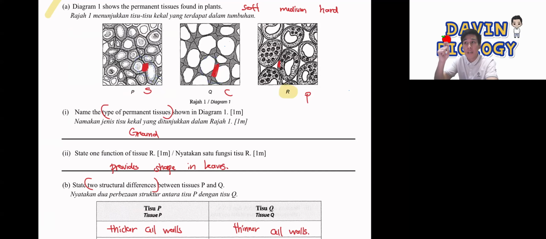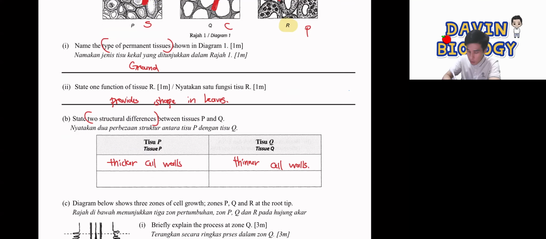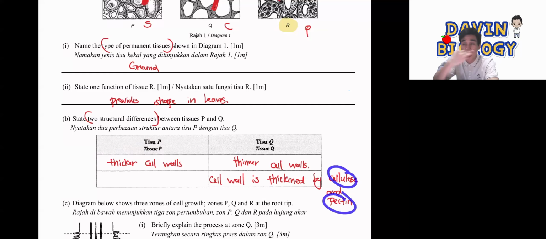Why? Because it is made up of lignin, wood. That's why this is hard. This one is made of regular fiber, cellulose. So I will write Q first: the cell wall is thickened by cellulose and another fiber called pectin, basically vegetable and fruit fiber.